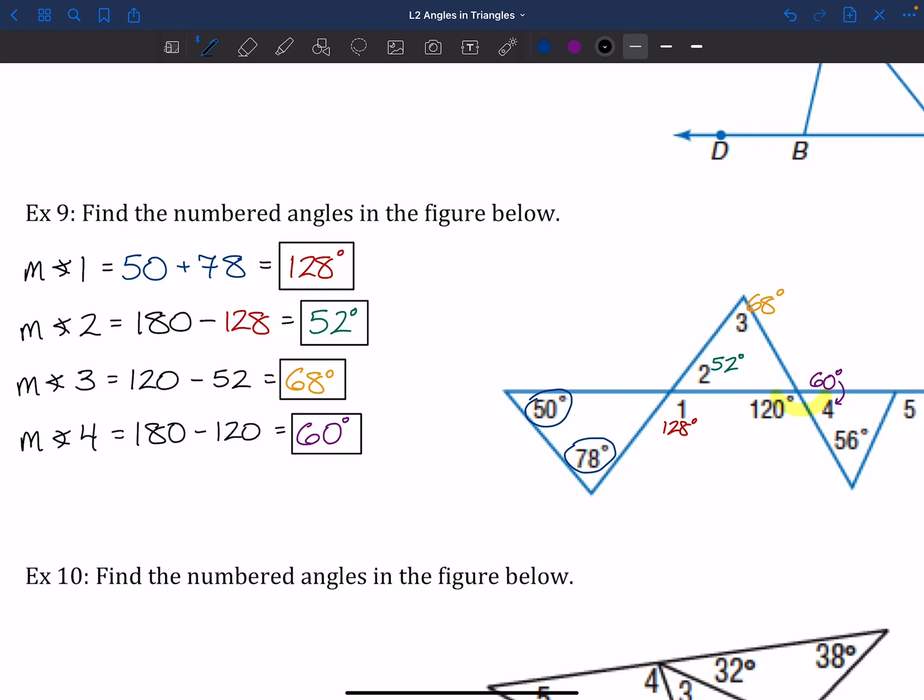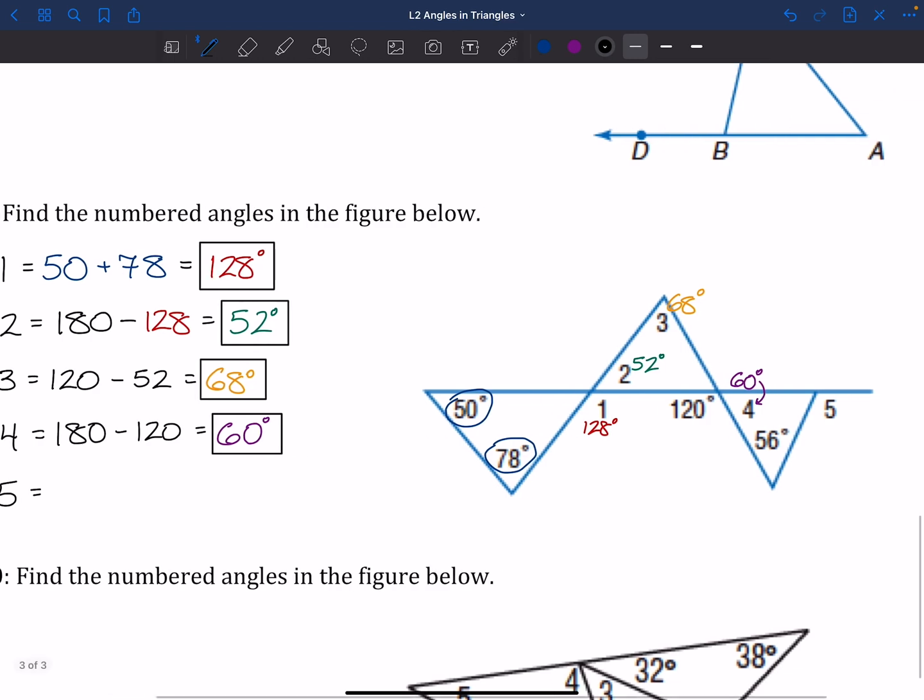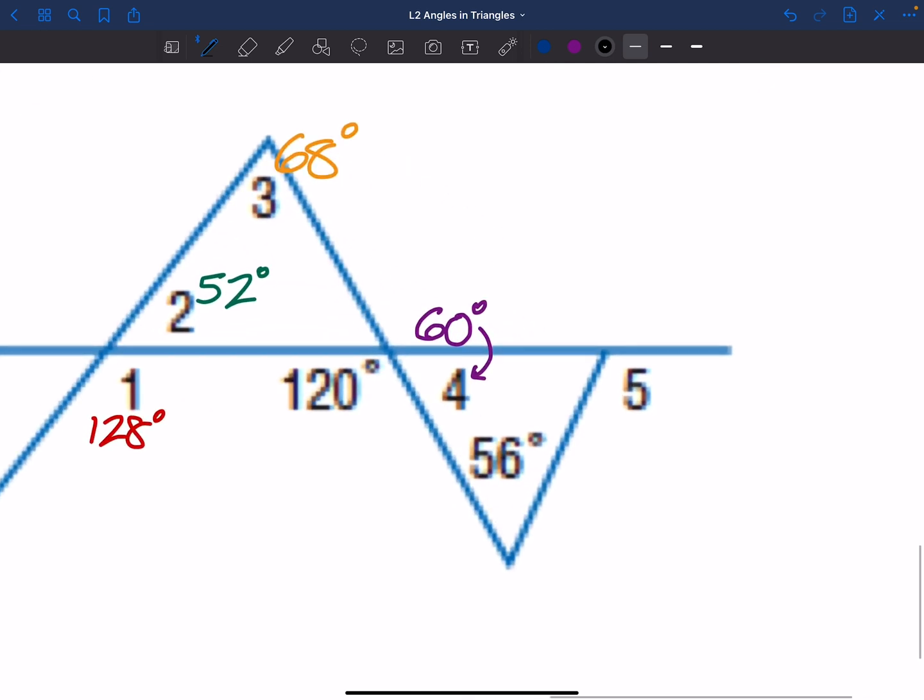Okay. Measure of angle 5, last one to go. Again, a couple different ways we could do this. One of the easiest ways that I could think of, and again, be very careful when you do this, is to flip the screen over and take a look at what we've got over here. I've got these two remote interior angles, and again, this one exterior angle on the outside. We're using that property a lot here.